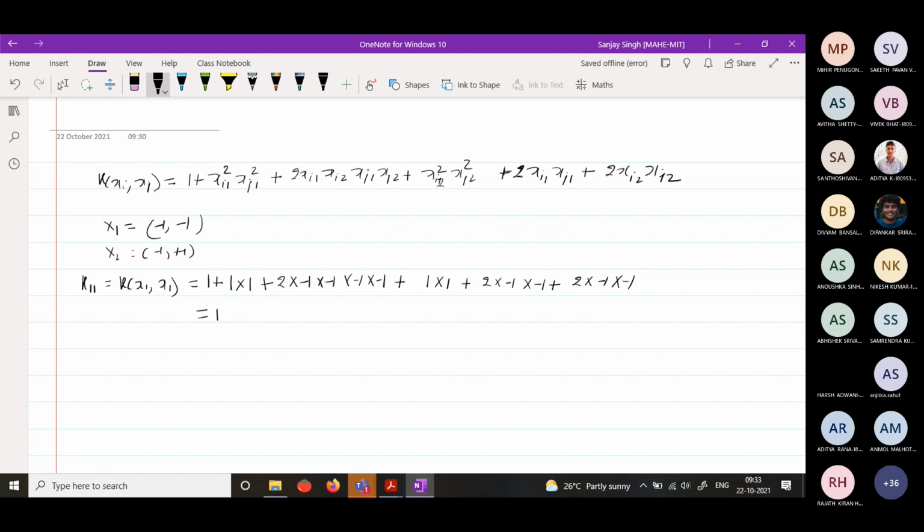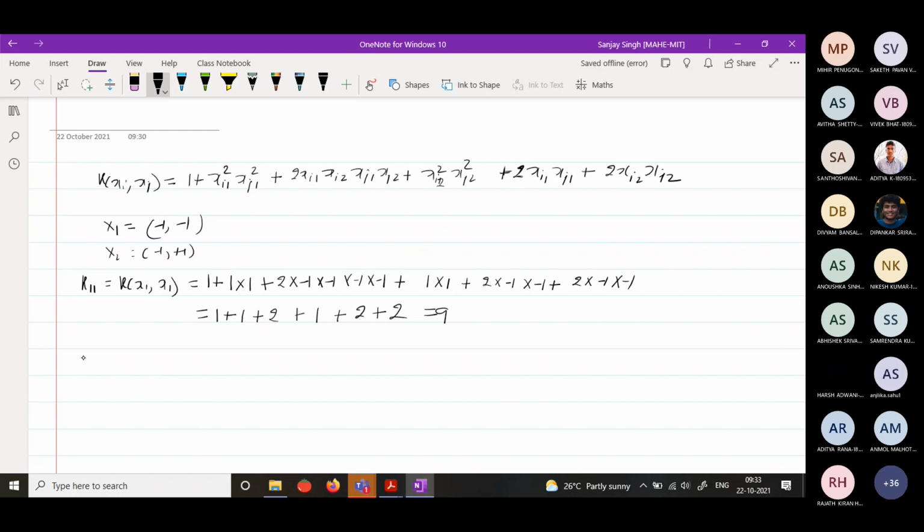So this comes out to be 1 plus 1 plus all these; the minuses are in pairs, so this is plus only. So 2 plus 1 plus 2 plus 2, which is 9. So you found out k11 is 9.